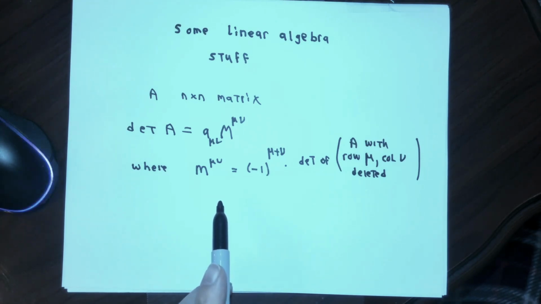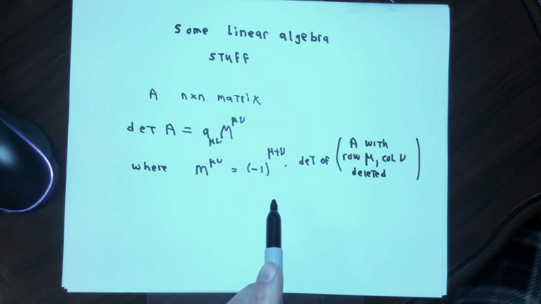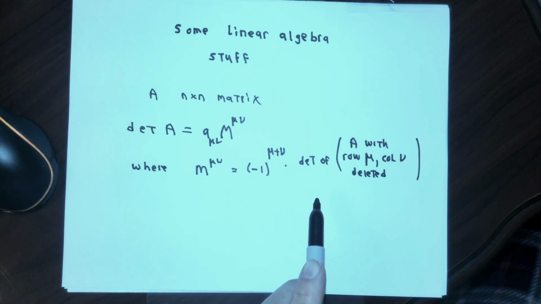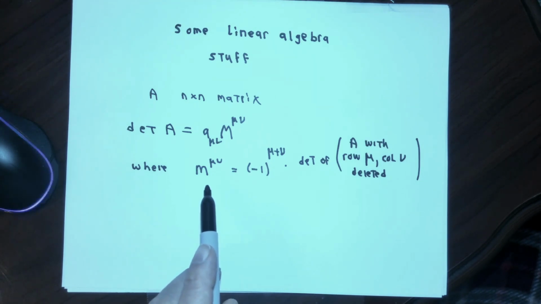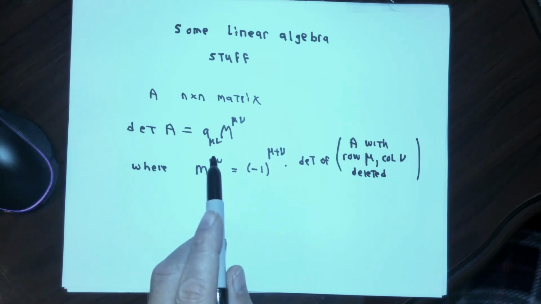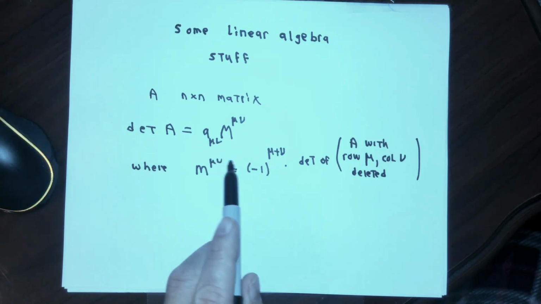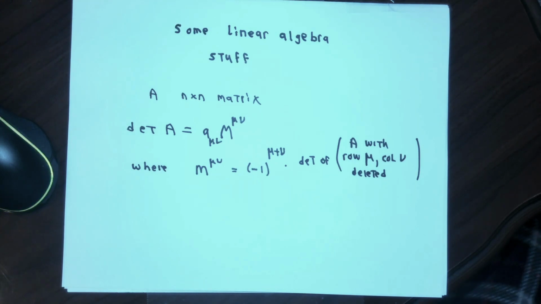M mu nu is -1 to the mu plus nu power times the determinant of the matrix that you get when you delete row mu and column nu from the A matrix. Take each one of these, multiply it by the corresponding number out of the matrix, sum them all up, as with the Einstein summation convention, and this will be the determinant of A.